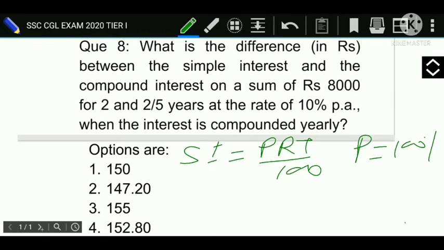So this will be left here as RT percent, which means time into rate percent. Based on this, we will solve this question here.